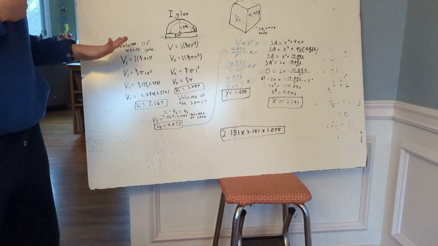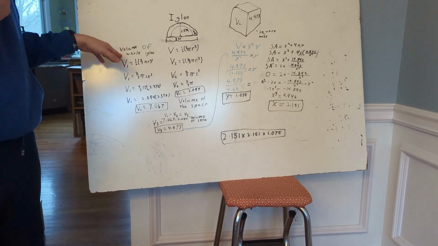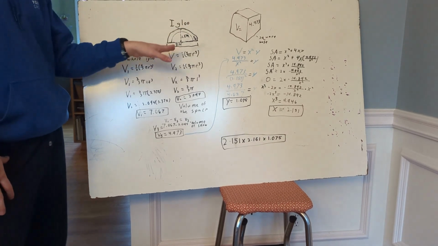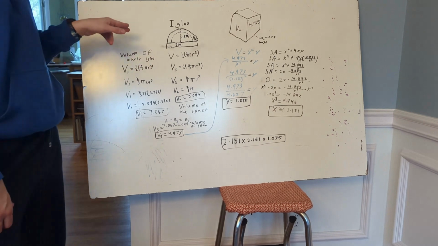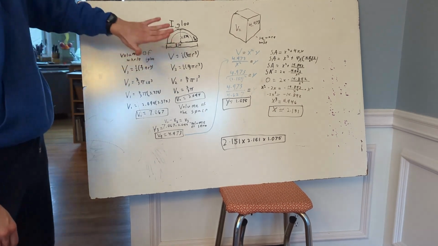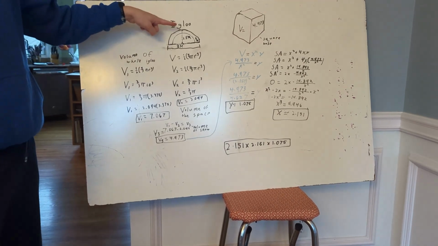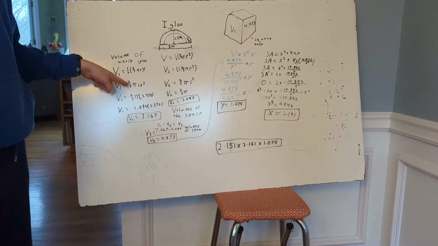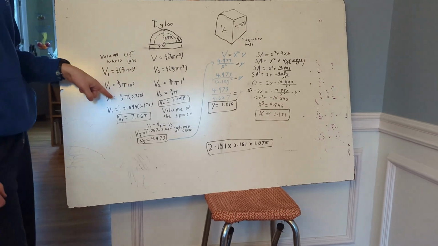First of all, we'll calculate the volume of the whole igloo. To do that, we take the volume of a sphere, which is 4/3 pi r cubed, and we'll multiply that by 1/2 because we're only using half of a sphere. Then we'll plug in the height, which is 1.5 meters, and we have 2/3 pi times 1.5 cubed.